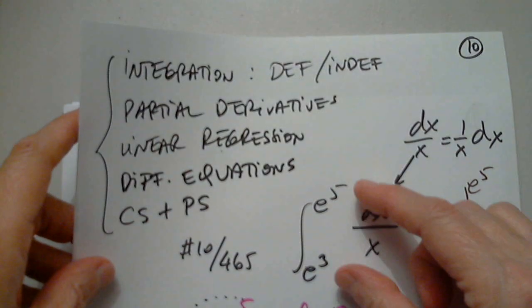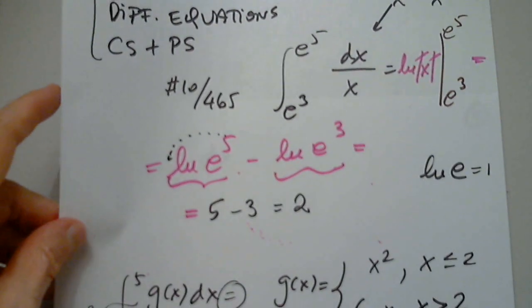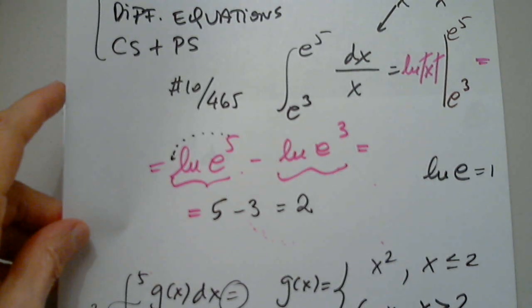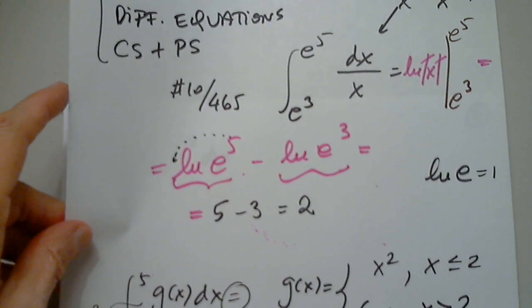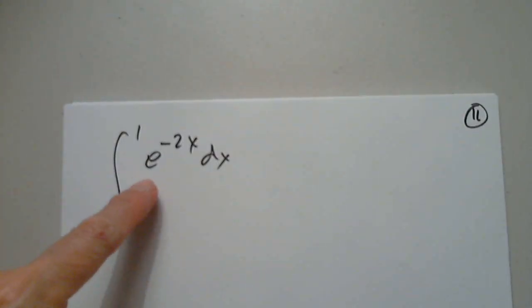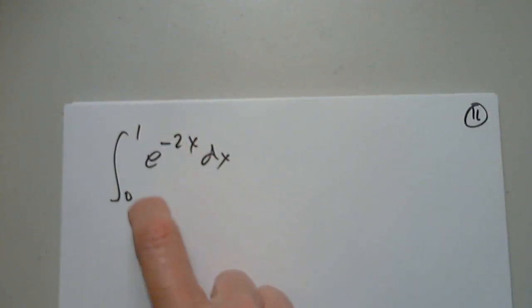Yes, but 0 is not here, so it's safe. From 0 to 5, these are polynomial functions. Both are safe. This is continuous on 0 to 2, this is continuous on 2 to 5. They're continuous everywhere. So now also here, I know that this function is continuous everywhere. So we are all safe from 0 to 1 furthermore.